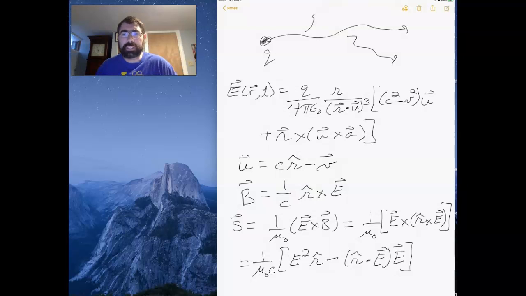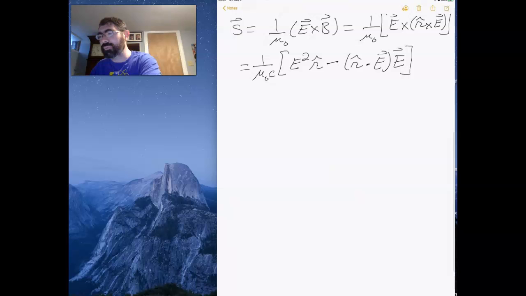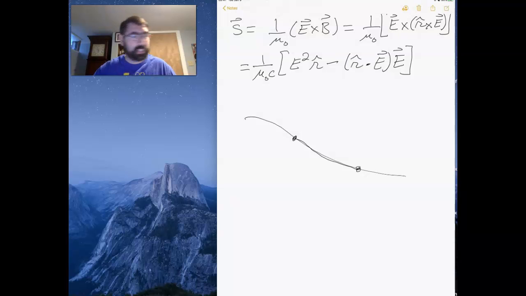Now, we're only concerned in this particular case with the energy that is in the radiation and not the energy in the fields, if that kind of makes sense. So let me explain it a little further. The idea is that we have this charge, Q, which is moving along some trajectory right here.